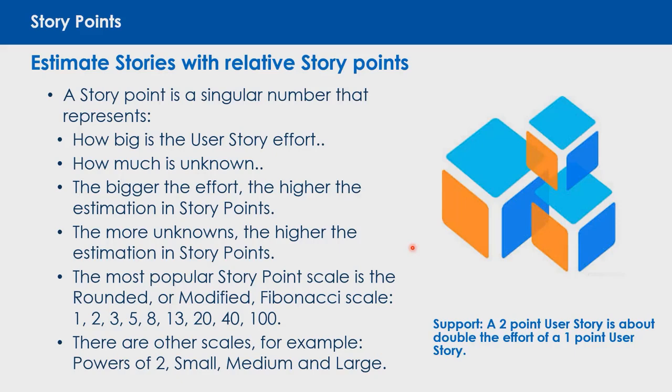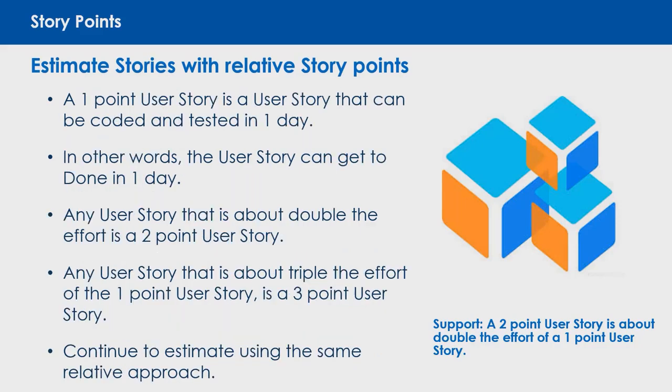We estimate them against the other stories in the backlog or proposed sprint backlog. Here we see that a 2-point story is about double the effort of a 1-point user story, and anything about triple the effort would be 3 points. The team then continuously estimates based on that pattern and never looks back.